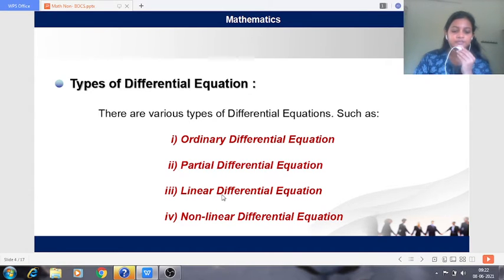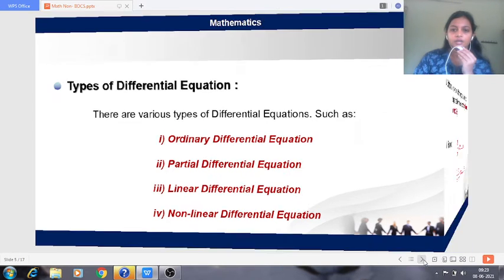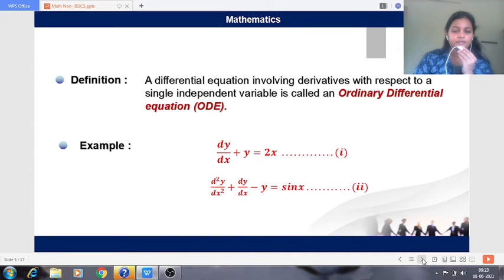Except these types, there are so many types of differential equations such as exact differential equation, homogeneous differential equation, non-homogeneous differential equations, etc. Now we discuss each type of equation one by one. At first we discuss ordinary differential equation.